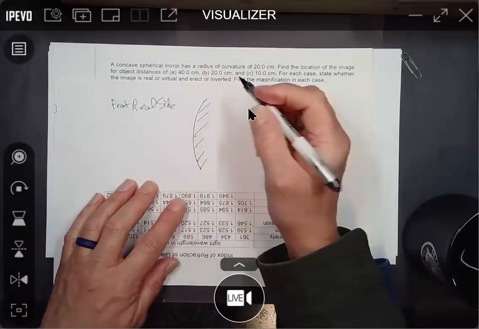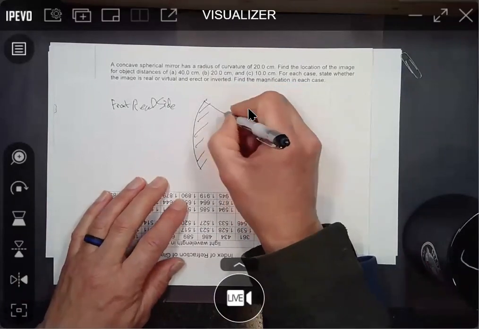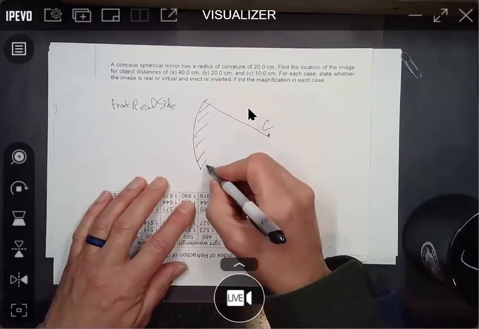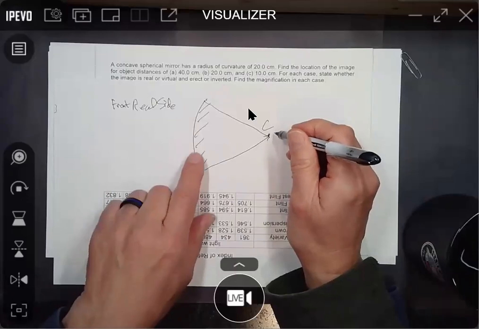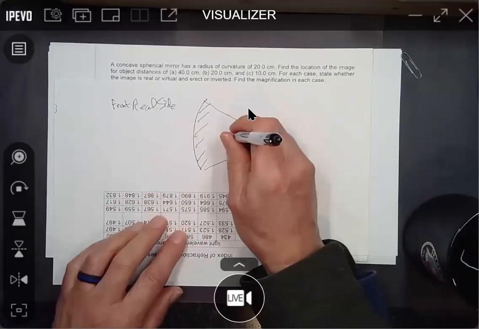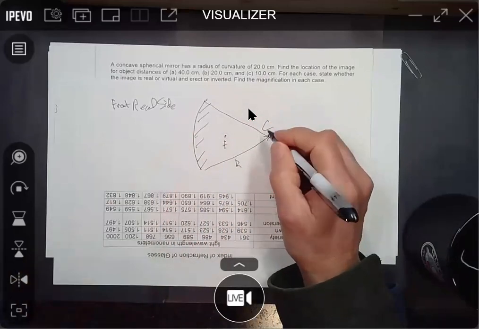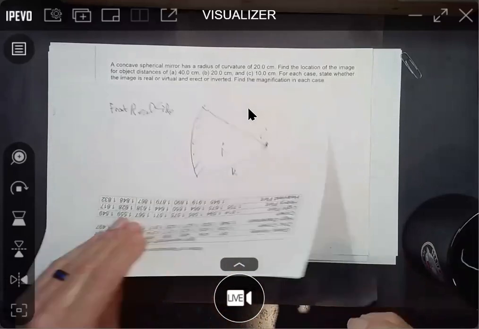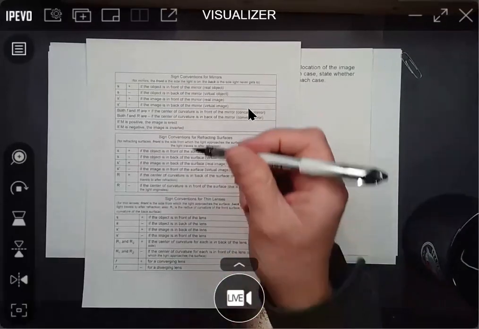So that's where I draw the dashed lines there. But the center of curvature is going to be over here. And then that center of curvature is twice the focal length. Here's the radius of curvature. And the focal length would be in here, half that distance. So that's a convex mirror, one of those ones with the negative center of curvature.